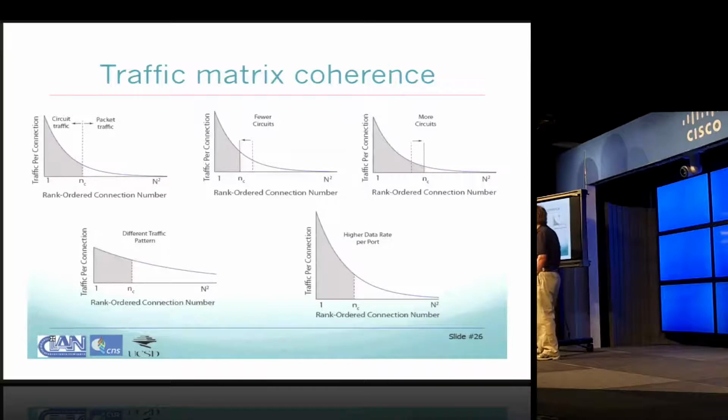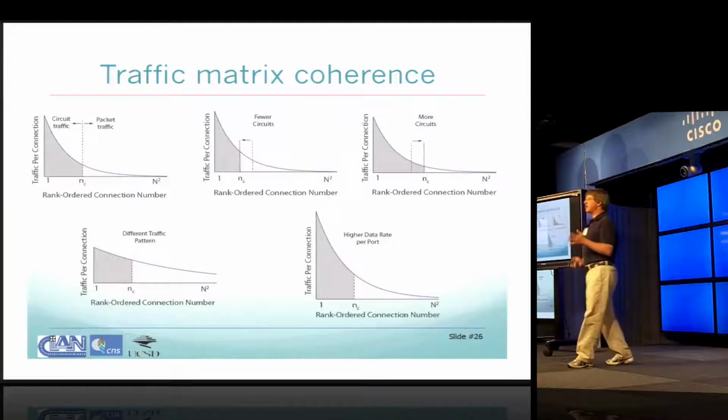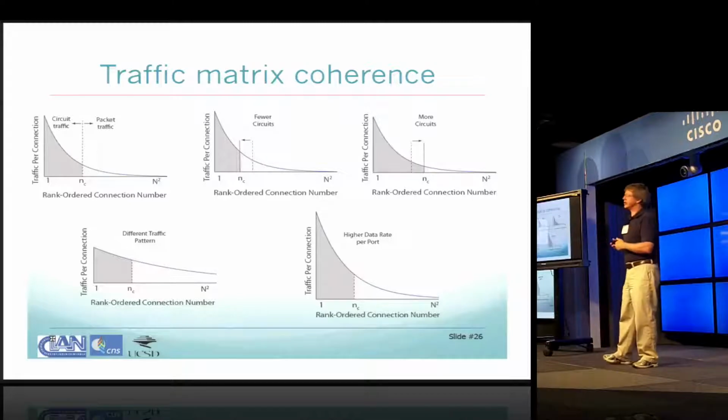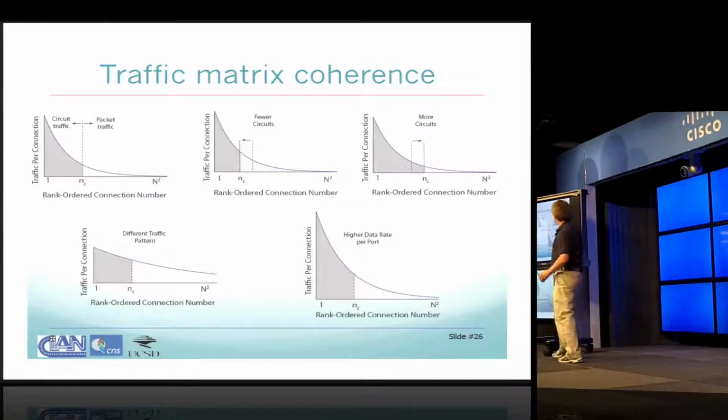This is the key thing here: if I have different traffic patterns, then my assumption of how much I can route over the circuit switch may change. And of course, for a higher data rate per port, if it doesn't affect this distribution, then the same number of connections can support that higher data rate.